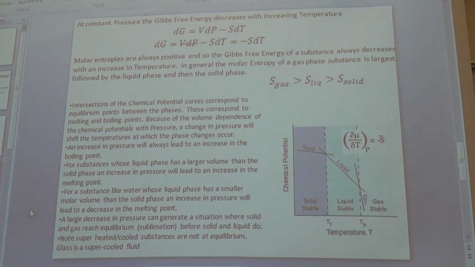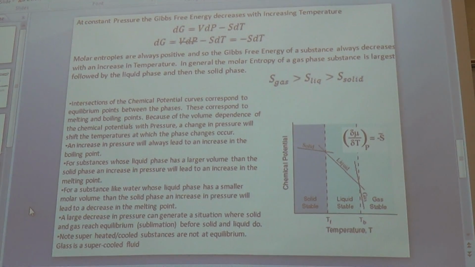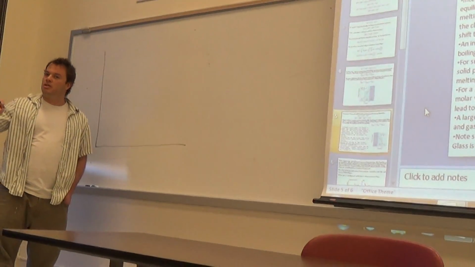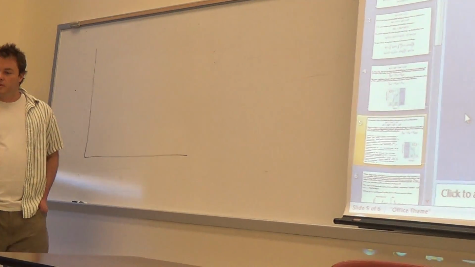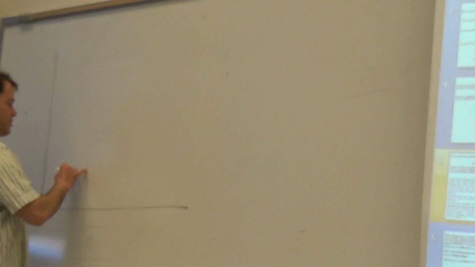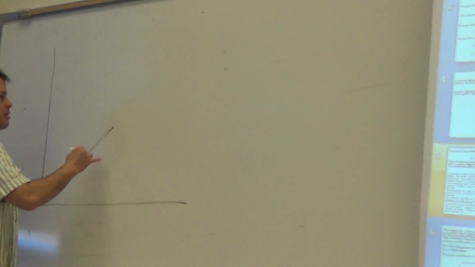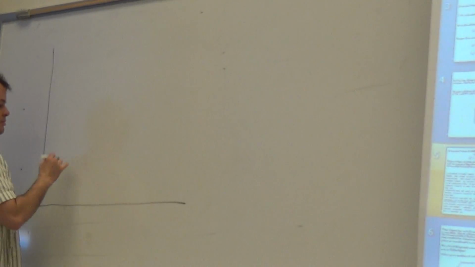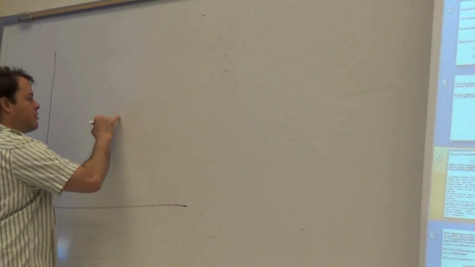It was a function of the chemical potentials of substances, and we're looking at a single substance, and we're looking at the equilibrium between its solid, its liquid, and its gaseous phases. And we had something that looked like this.